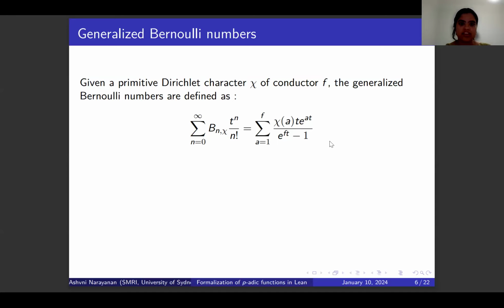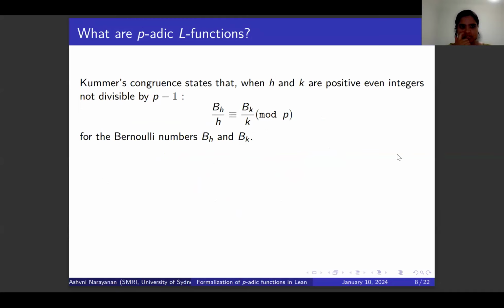Let's now understand a bit about p-adic functions. There is this congruence called Kummer's congruence, which says that given any two positive even integers which are not divisible by p minus 1, where p is a prime, you have this congruence to be true mod p. Kubota and Leopoldt were trying to study this congruence, and they were looking for a meromorphic function which would help understand this.